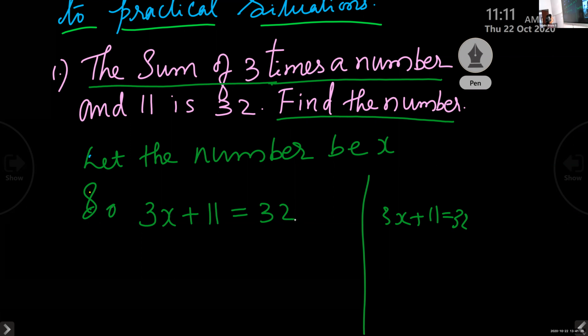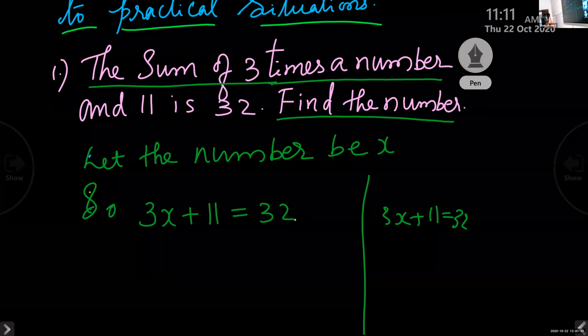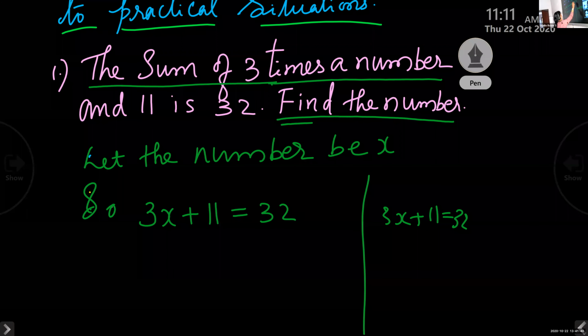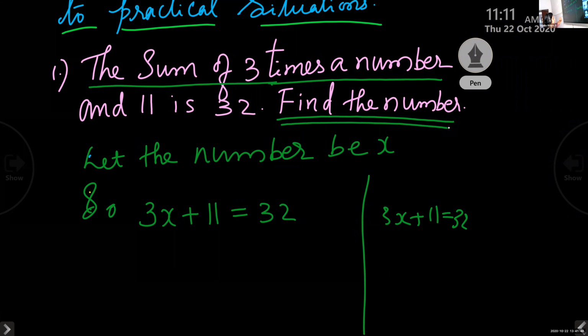Ma'am, is there any keyword to understand whether we should do the subtraction? First, check what is asked, and write that unknown letter. Then you read the question. Sum of 3 times a number.